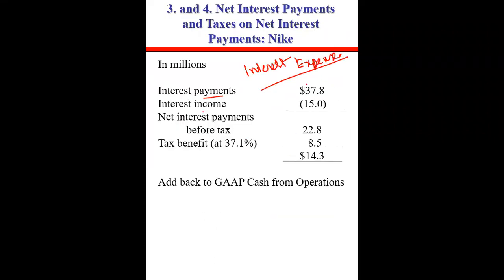After subtracting the interest income they received, it is the net interest payment. Interest payment gives us some tax shield, and if we subtract this tax shield, we get the after-tax interest payment. 14.3 is after-tax interest.